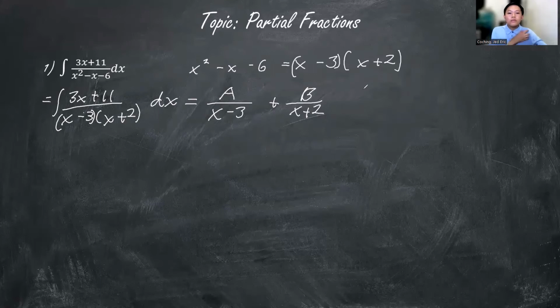Now, we can try to solve for A and B using the coefficient method, which is equal to: 3x plus 11 is equal to A. In order to even out this formula, you multiply A divided by x minus 3 by x minus 3 times x plus 2.